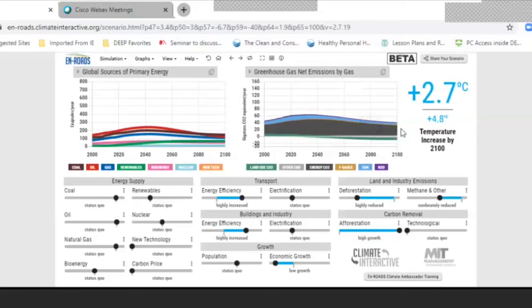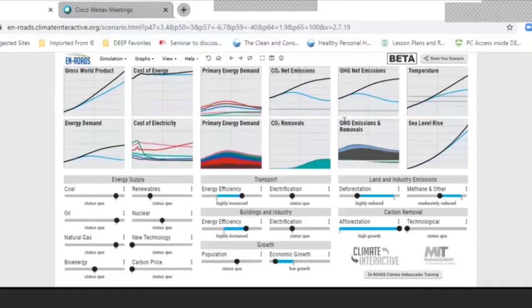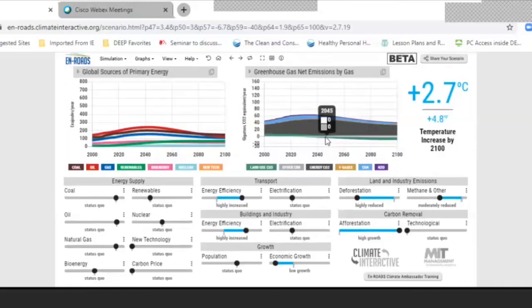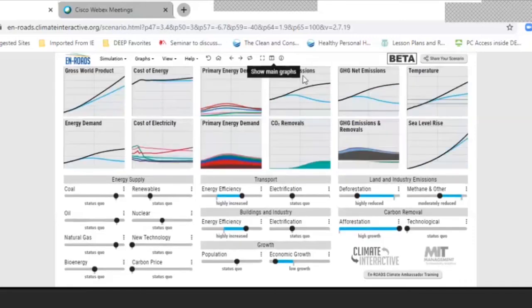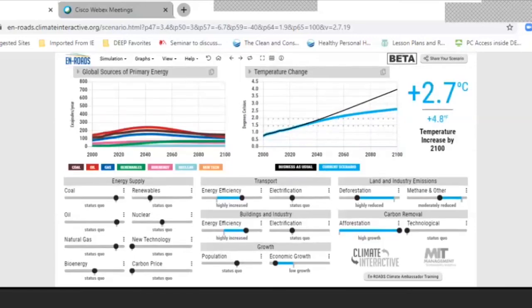So we have what's called a co-benefit from some of these. Not only are we reducing our temperature, we're actually reducing the destructive aspect of methane, which is a long-term issue. So let's go back to our temperature. Oops, lost me. But we can see where our ultimate goal is. We're down to 2.7. We've still got to get underneath 2.